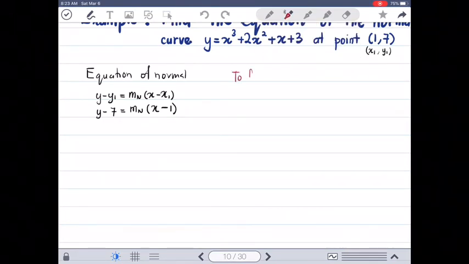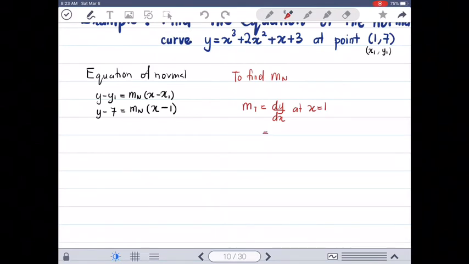To find mn, we must first find mt, the gradient of the tangent. mt is just dy over dx at x equals 1.